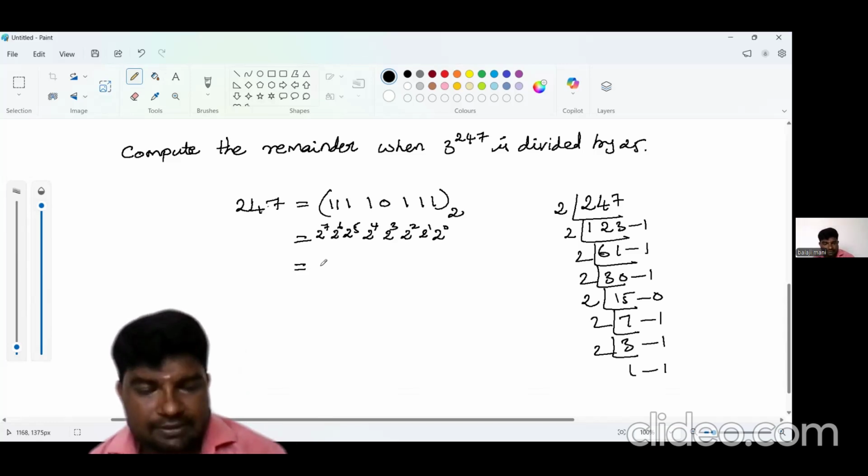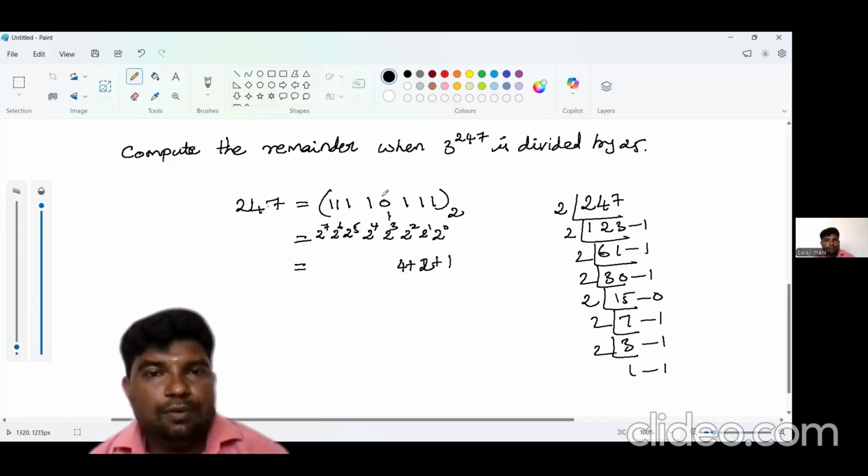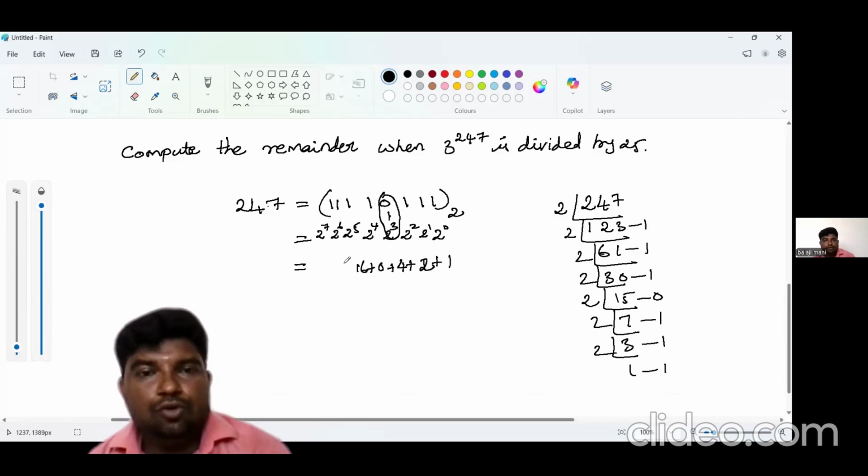So 2 power 0 is 1, 2 power 1 is 2, 2 power 2 is 4, and 2 power 3 has digit 0, so we can omit it. Then 2 power 4 is 16, 2 power 5 is 32, 2 power 6 is 64, and 2 power 7 is 128.